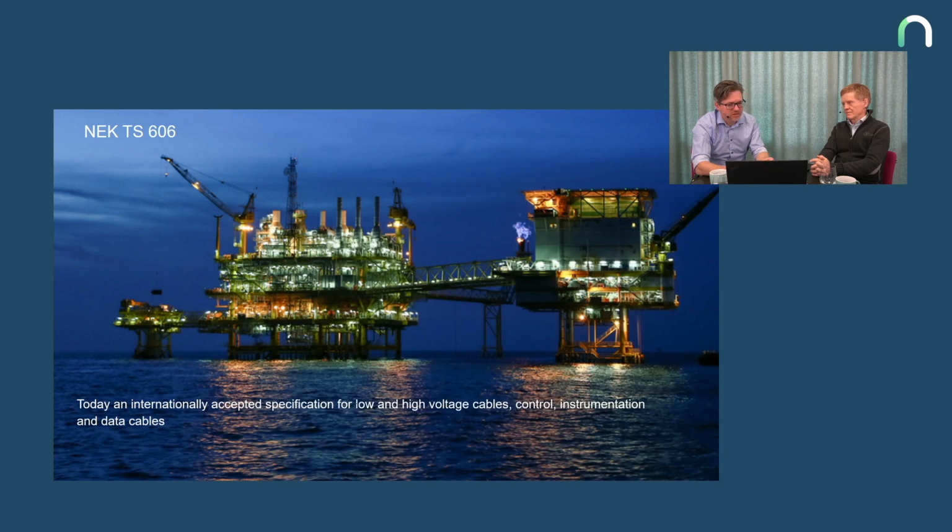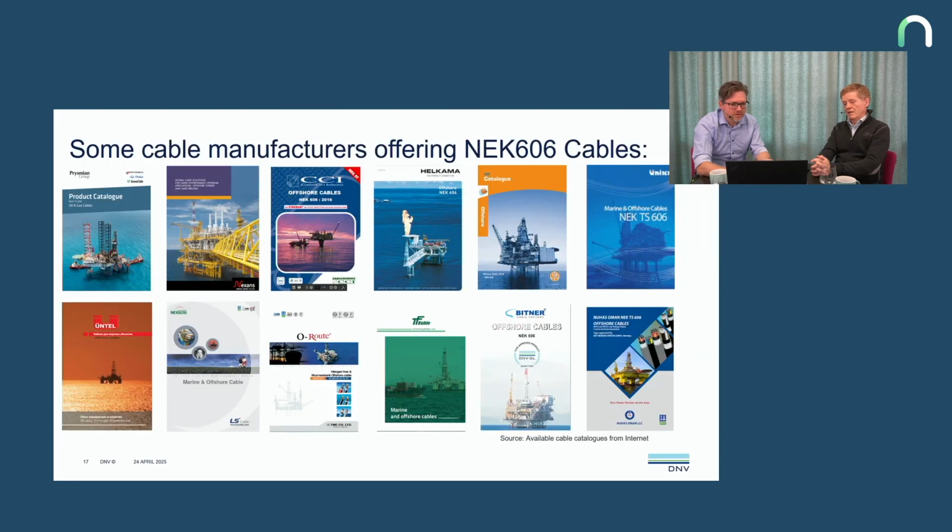It's a specification that you can use to specify these cables. And in our case, we have 250 certificates referring to the NEK 606 cables.